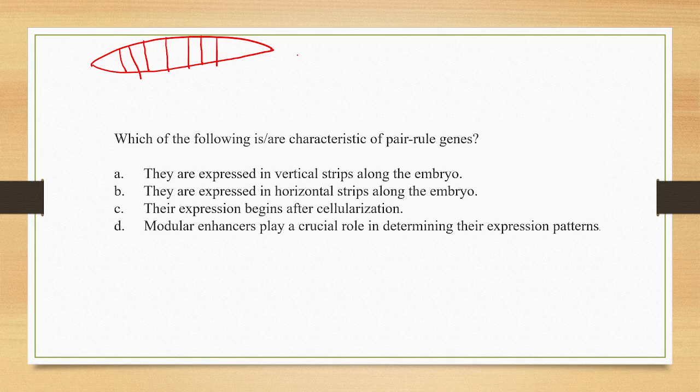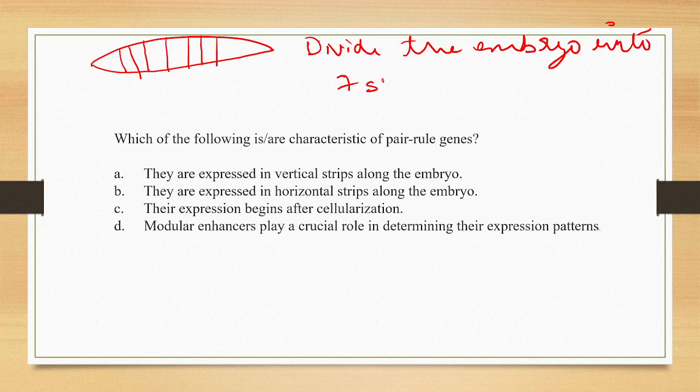So, these pair rule genes divide the embryo into seven stripes. And these stripes basically represent a segment.